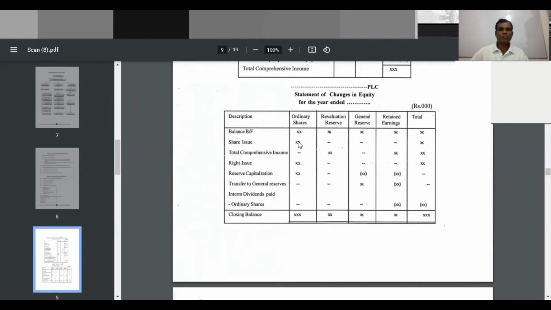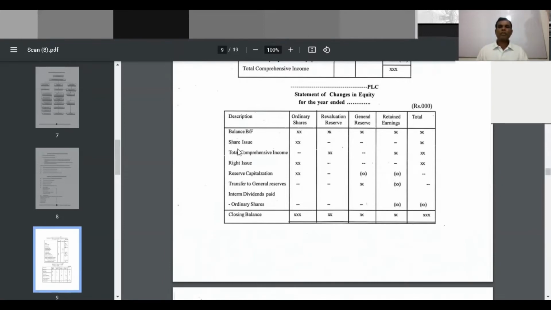The double entry for a share issue, when shares are issued, is cash control account debit, and ordinary share account or stated capital account credit.